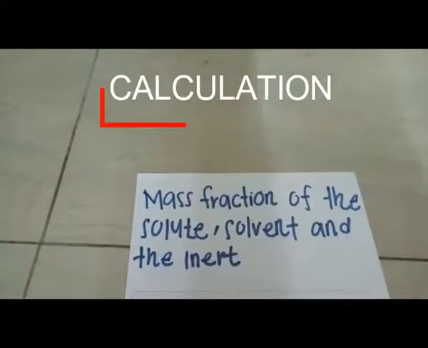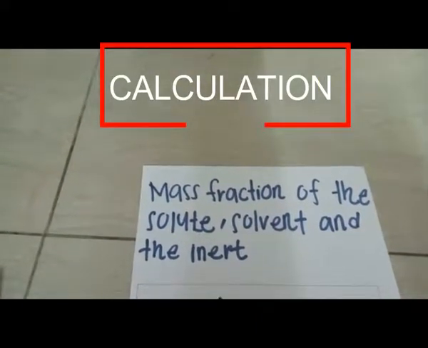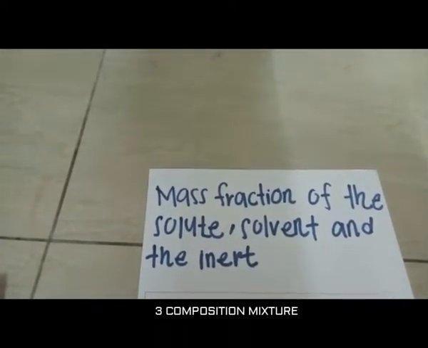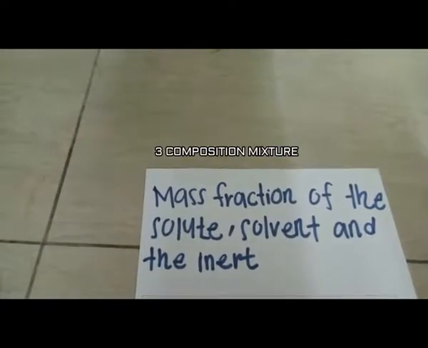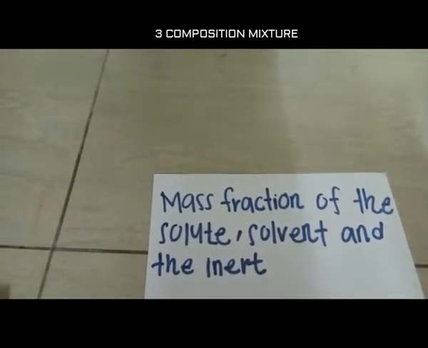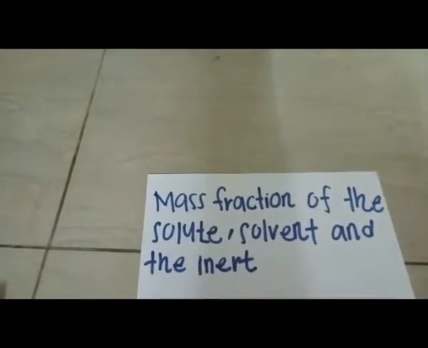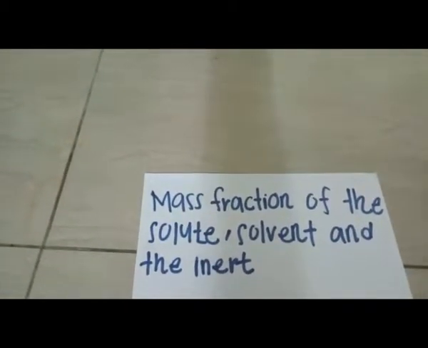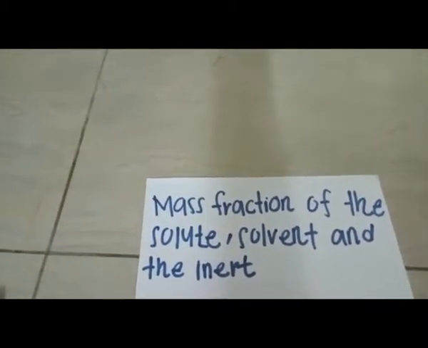Now, I want to explain how to calculate solid liquid extraction. For the general information, solid liquid extraction has three component mixtures that can be represented on a right angle triangular diagram. Solid liquid extraction has three general formulas, which are mass fraction of solute, mass fraction of solvent, and mass fraction of inert.